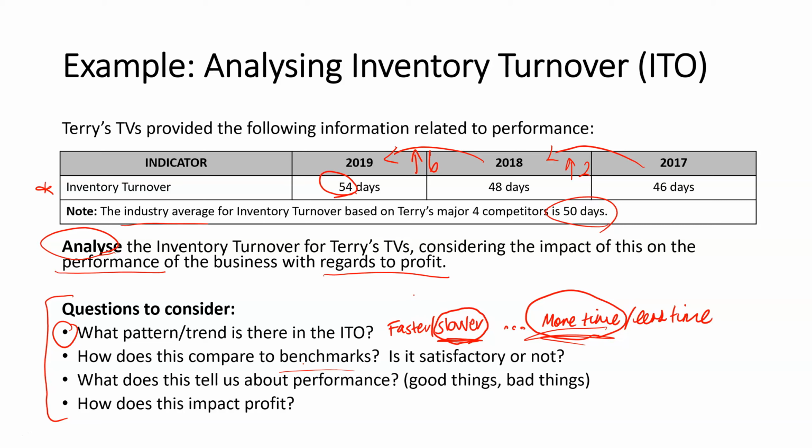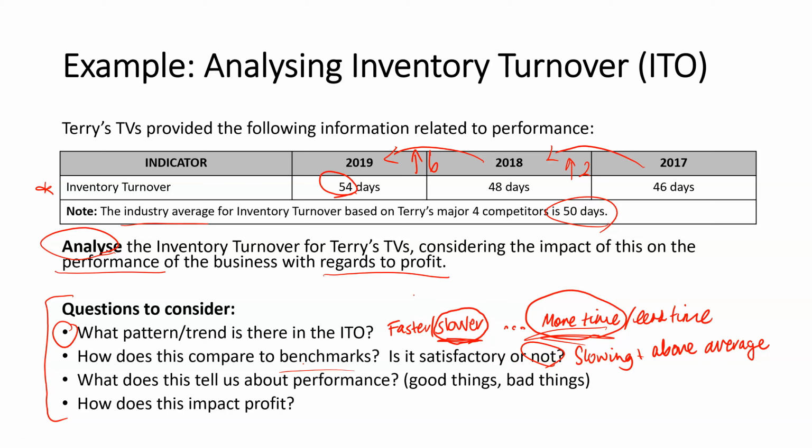So even though the pattern was that the inventory turnover was slowing and taking us longer, you can see that in 2017 and 2018 it was still better than the industry average. However, in 2019 it's now gone above industry average. So not only is it slowing, and it's gone above the average, so it's slower than our competitors. So this would potentially indicate that it's not satisfactory.